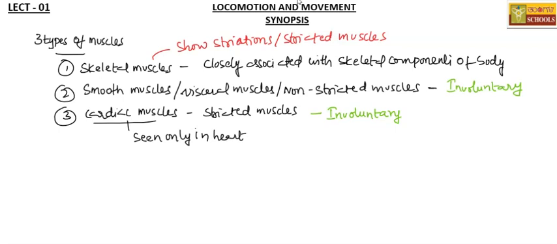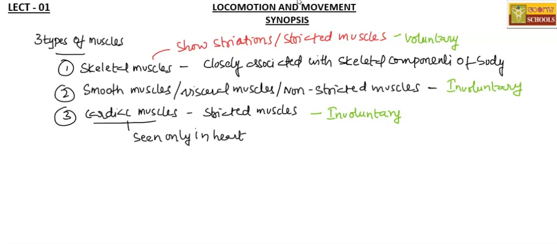While coming to the skeletal muscles, these are voluntary, which means they are directly under the control of the brain. Whatever the brain says, immediately the skeletal muscles will follow according to the instructions given by the central nervous system.